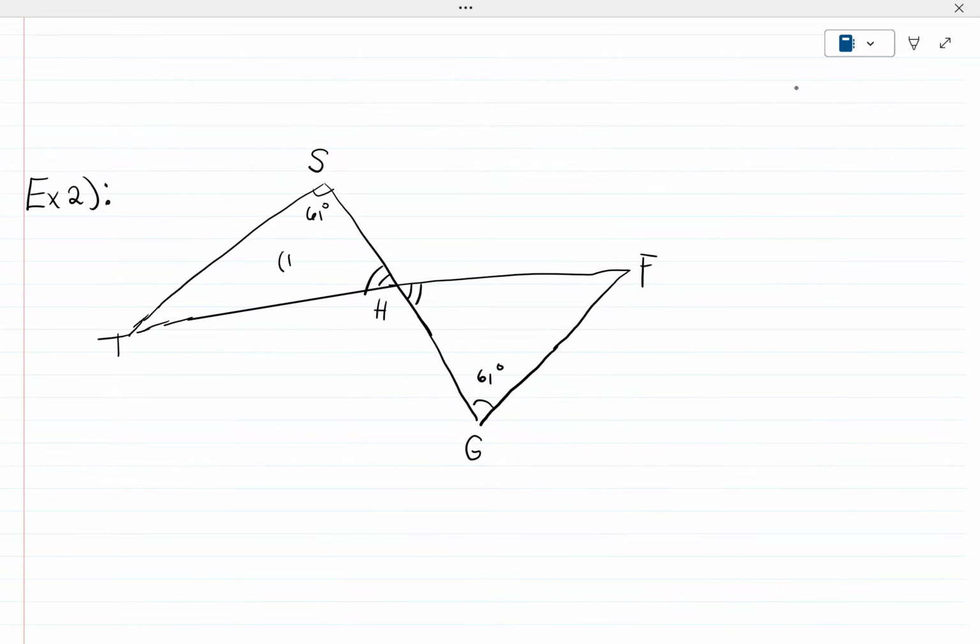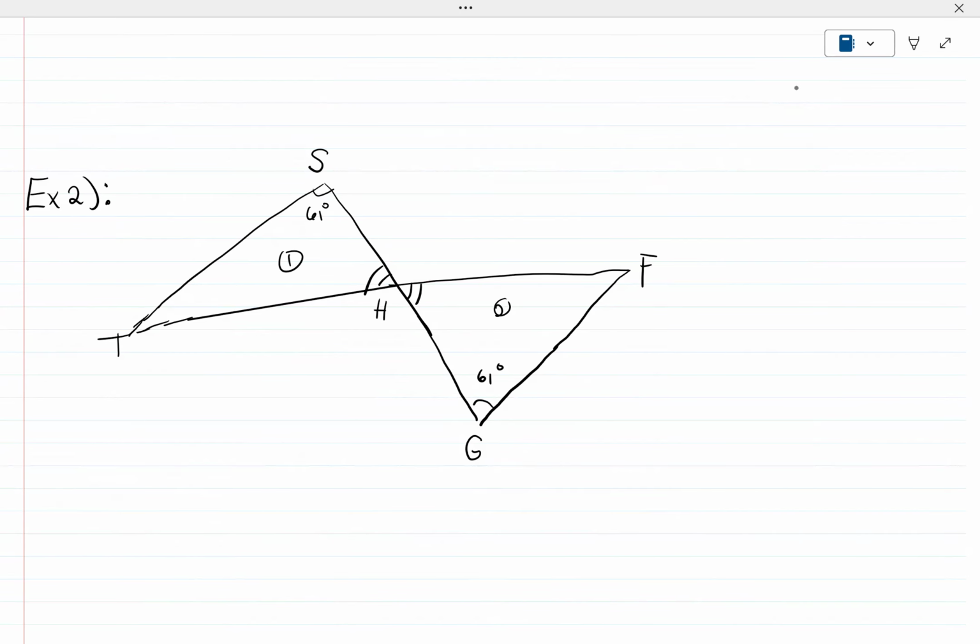Here's triangle one and here's triangle two. Based on the information we're given, angle S is congruent to angle G, and angle SHT is congruent to angle FHG.